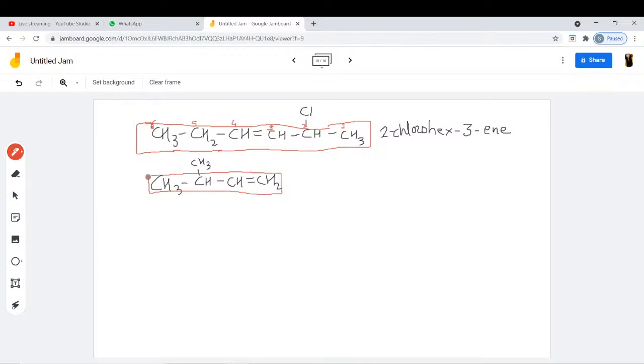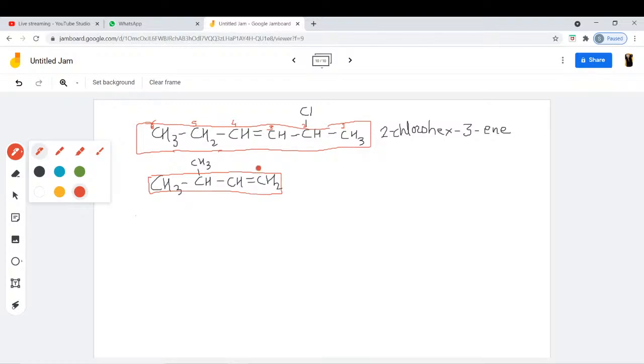Should the numbering start from the left hand side or the right hand side? From the right hand side, 1 2 3, the double bond is on the third carbon. From the left hand side, 1 2, on the second carbon, but the numbering should be given from the right hand side. Why? Because the double bond comes first from there.